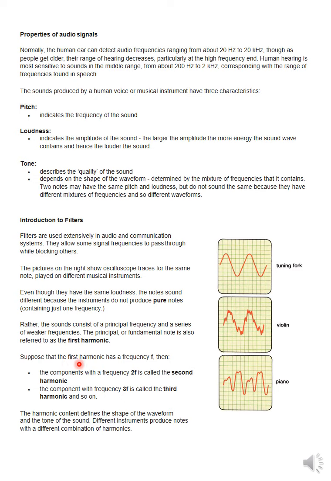Suppose the first harmonic has a frequency f, then the component with the frequency 2f is called the second harmonic, the component with the frequency 3f is called the third harmonic, and so on. The perfect example for this, which everyone does in their childhood, is that you go near a pond, a river or sea, and you throw a stone there, and you see ripples created in the water.